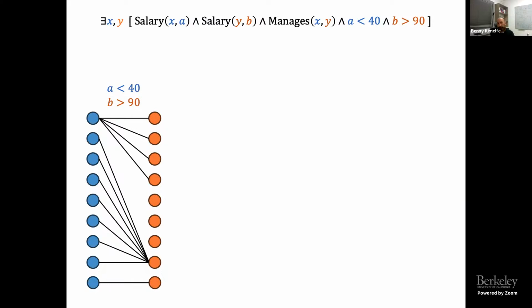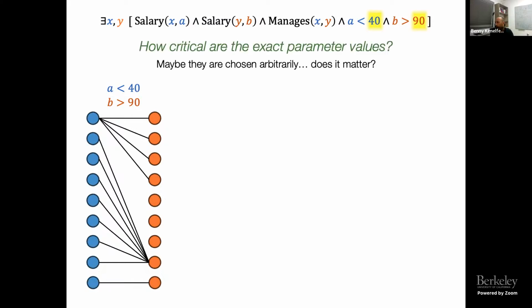We can ask, how arbitrary are these parameters, or how critical are they for the query? Remember, I wanted to see to what extent there are cases of low manages high.